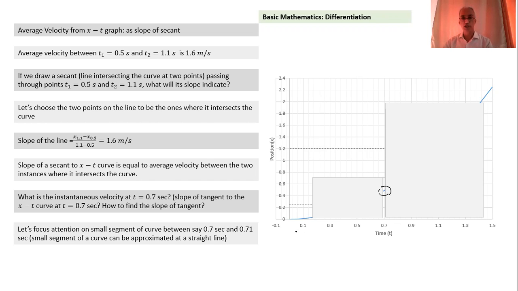How do we define small? Just for the sake of illustration, let's take a segment extending from 0.7 to 0.71. The moment we make this segment small, you notice it starts looking like a straight line segment. Any small segment of a curve can be approximated as a straight line.